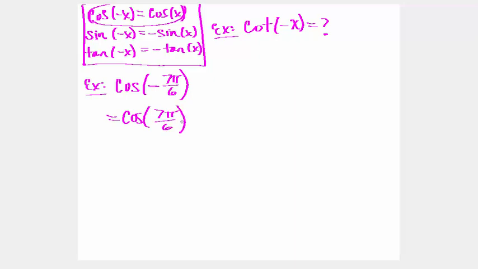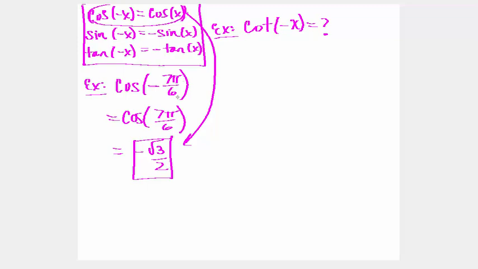So that's just a direct use of this negative identity formula. And of course, we know the unit circle well enough now to know that the cosine of 7 pi over 6 would be negative root 3 over 2. So there's an application of the negative identity for cosine to be able to evaluate an expression given here.